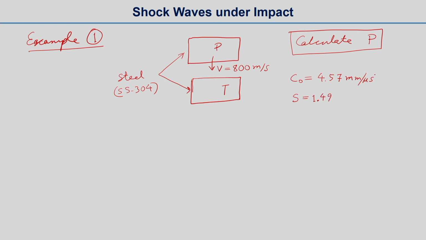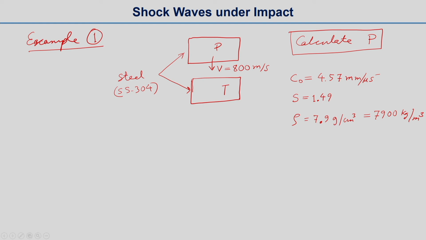We also need the density rho, which for steel is 7.9 gram per centimeter cube. Converting into SI units, that will be 7900 kg per meter cube.